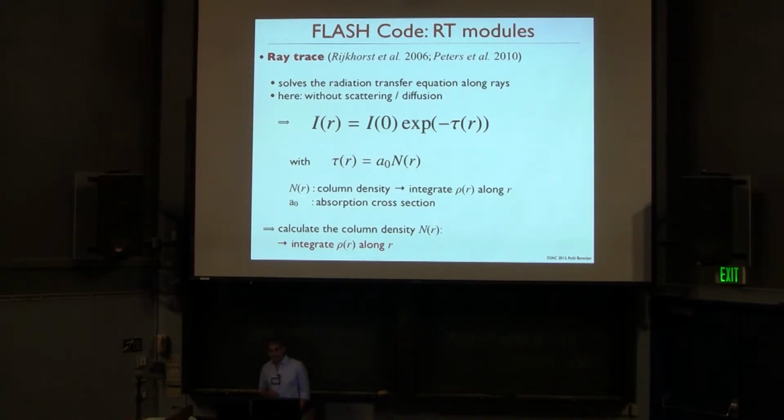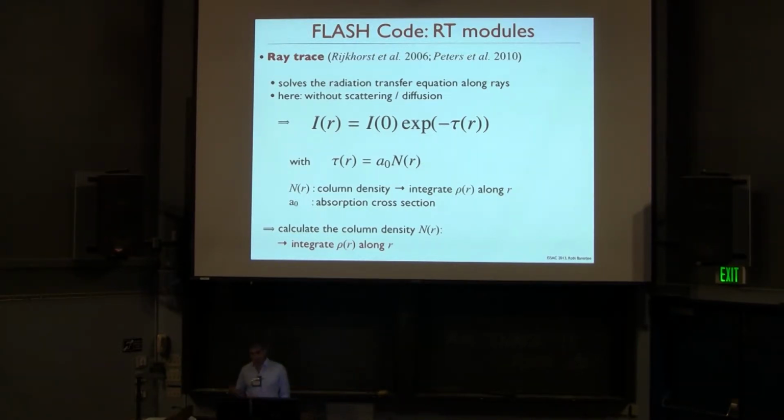And there's another approach implemented in the Flash code, and unfortunately so far not yet in the latest release, so not for Flash 4. It's only available up to the version 2.5.